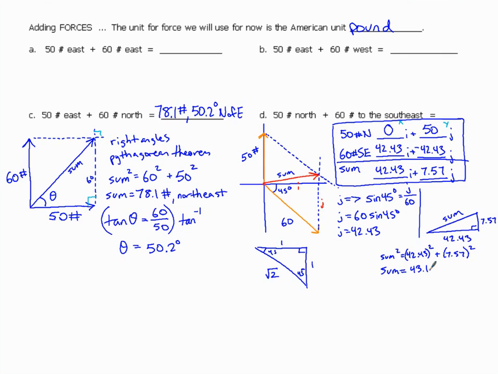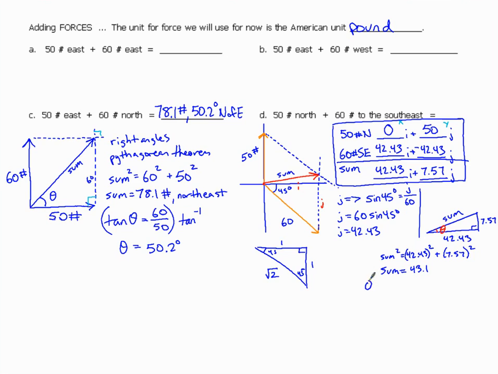We also need to know the angle here. So we want to find theta, this angle. We have an opposite, we have an adjacent. So this tells us we're going to use tangent.